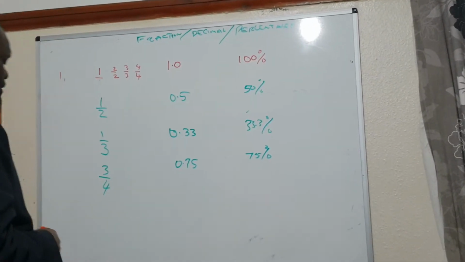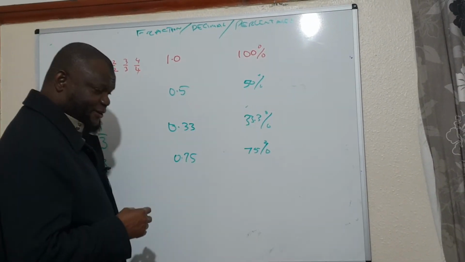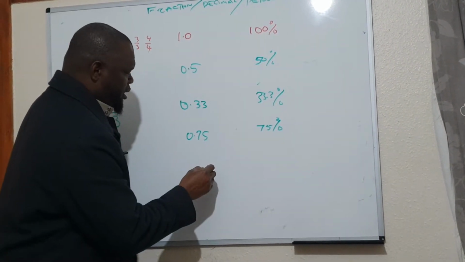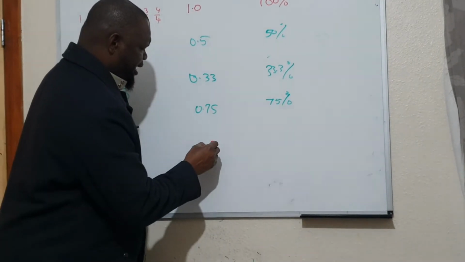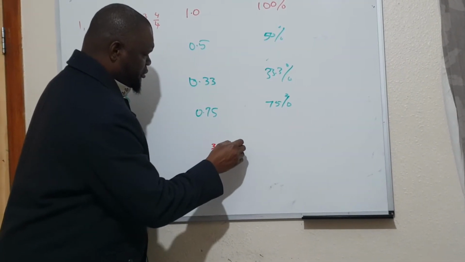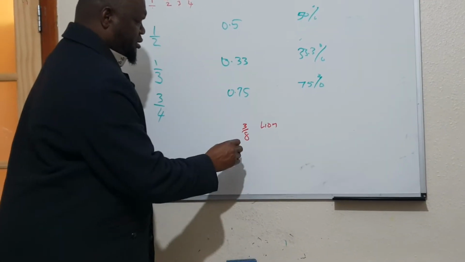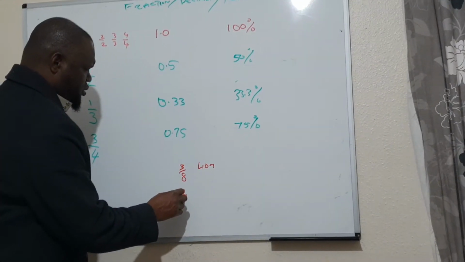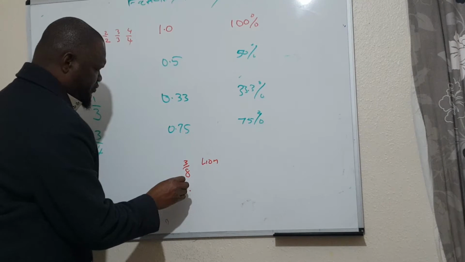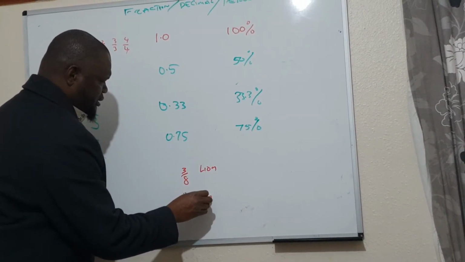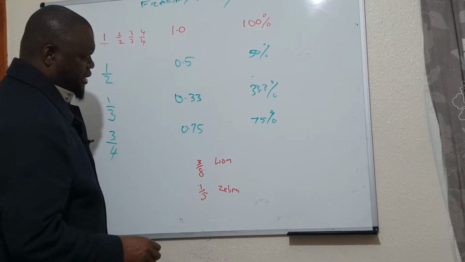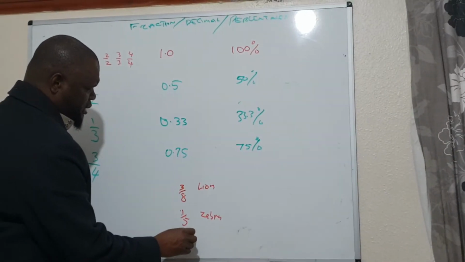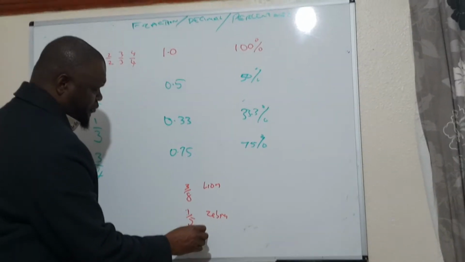The grade 6 guy, I did with him. They said, in a survey of animals in a zoo, 3/8 were lion, 1/5 were zebra, and the balance is donkey.